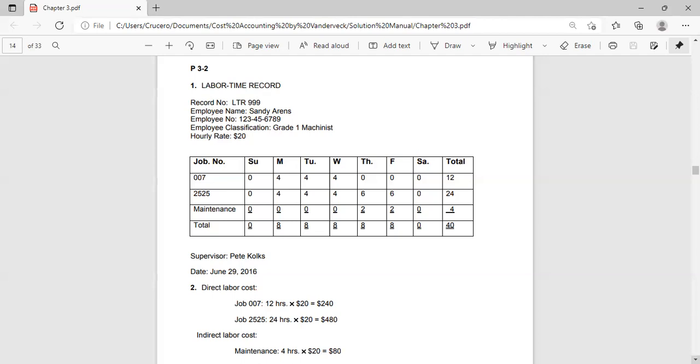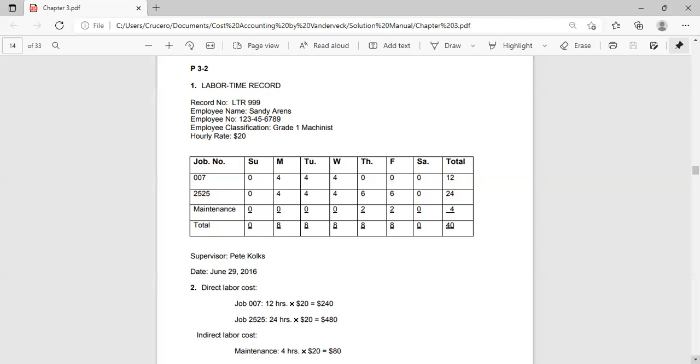So for the totals, for job 007, the total of 12 hours. And for job 2525, total of 24 hours. And the maintenance, 4 hours. And for the totals, Monday, 8 hours, Tuesday 8 hours, Wednesday 8 hours, Thursday 8 hours, Friday 8 hours, Saturday, 0.